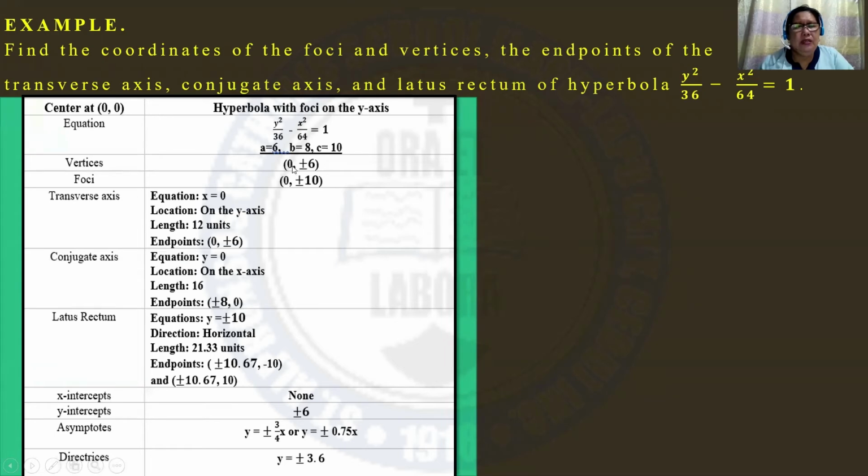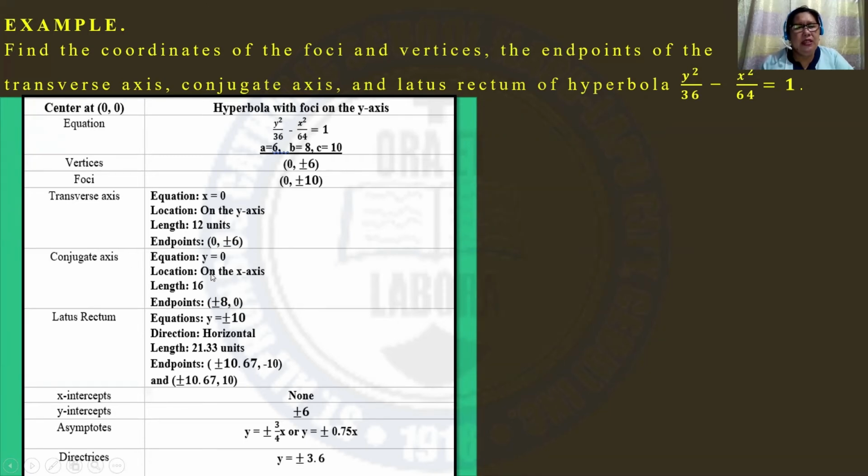The coordinates of the vertices are 0, positive 6, and 0, negative 6, or 0, positive or negative 6. For the foci, 0, positive, negative 10. Equation of the transverse axis is x is equal to 0, located on the y-axis. The length of the transverse axis is 12 units. The endpoints are 0 and positive, negative 6.